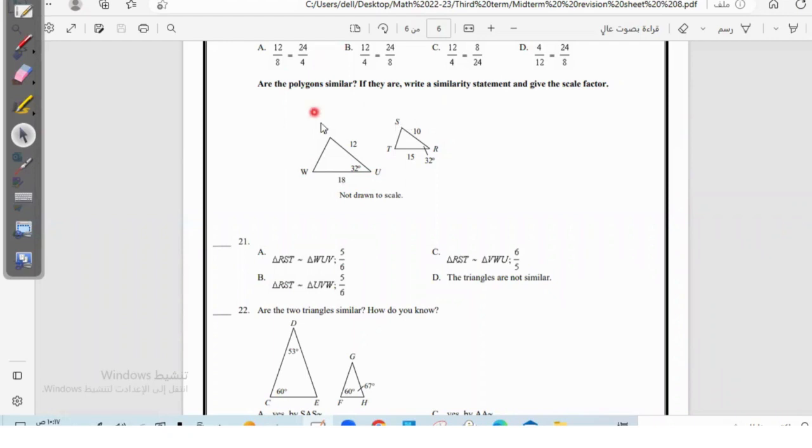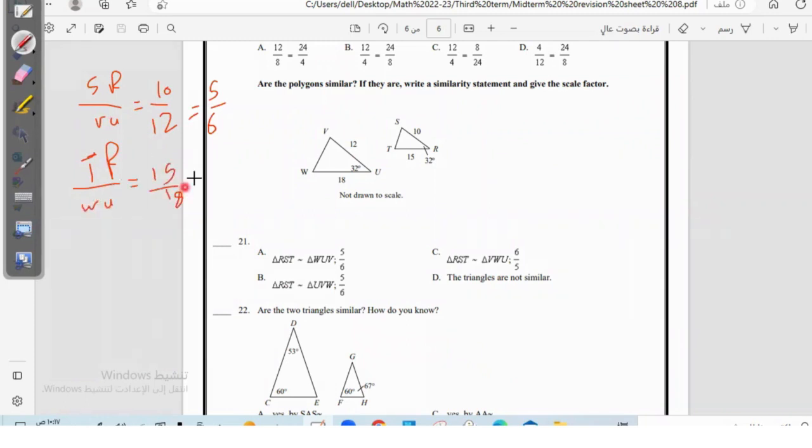Yes, SR and VU. So 10 divided by 12 is 5 over 6, if you simplify it. The same for TR and WU: 15 out of 18, which is 5 out of 6. They are the same ratio.